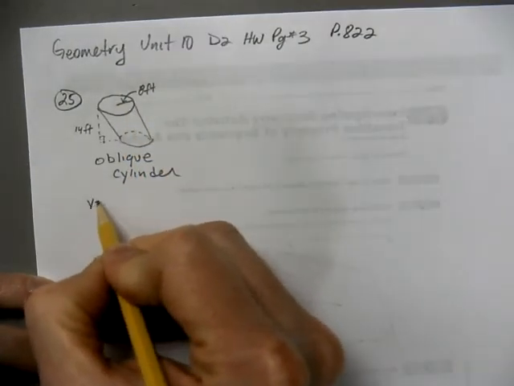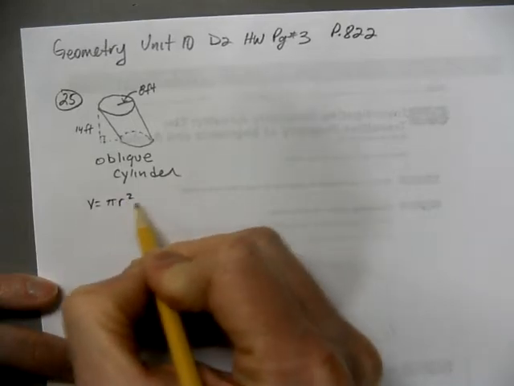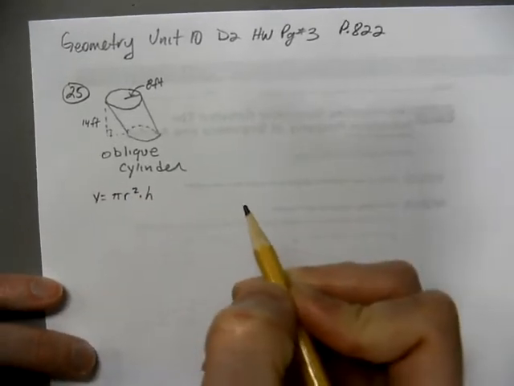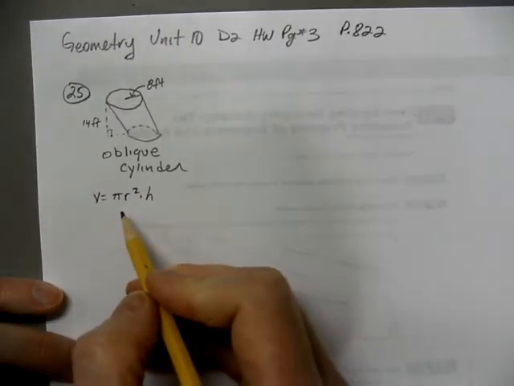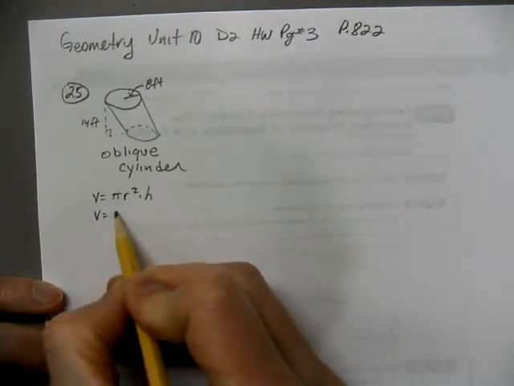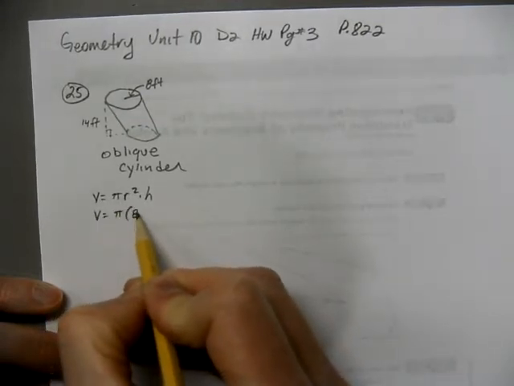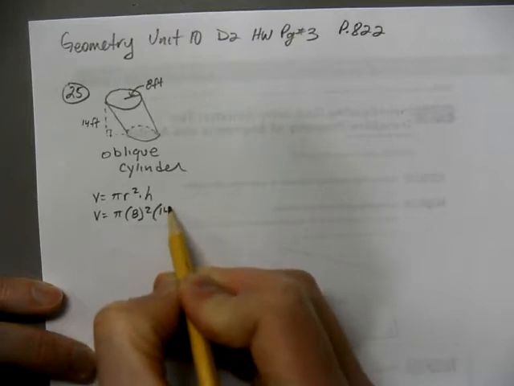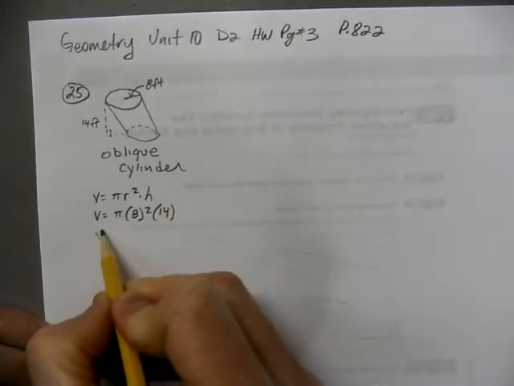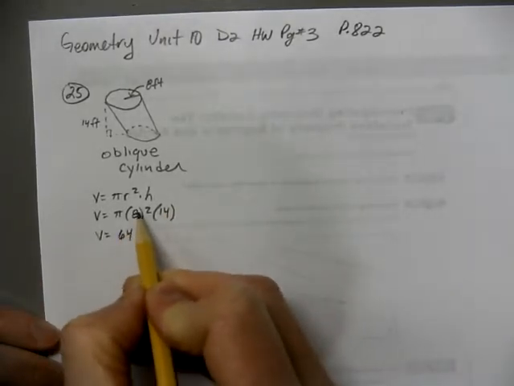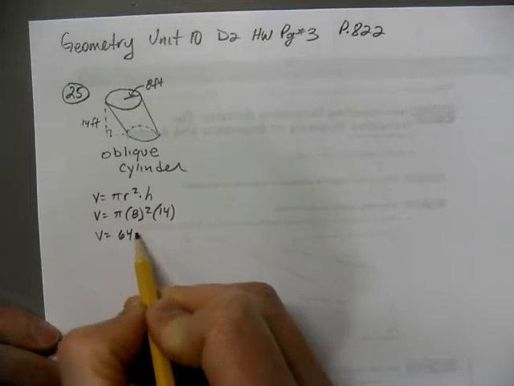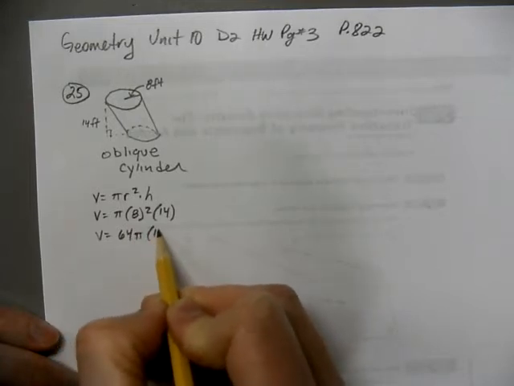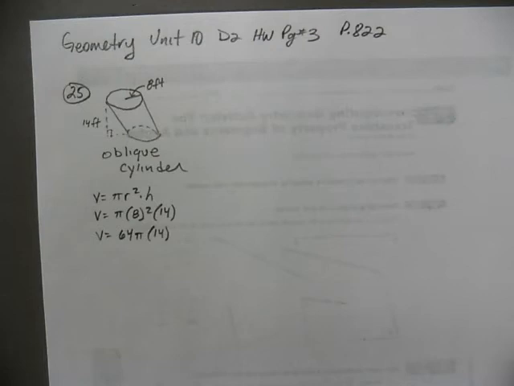So we use the volume that equals pi r squared times h. So that's going to give us 8 squared is 64, pi times 14.